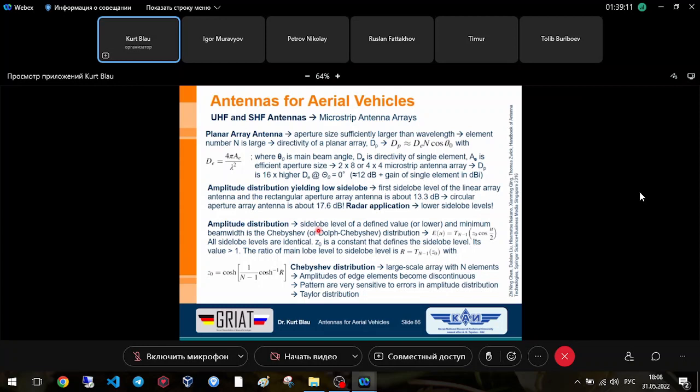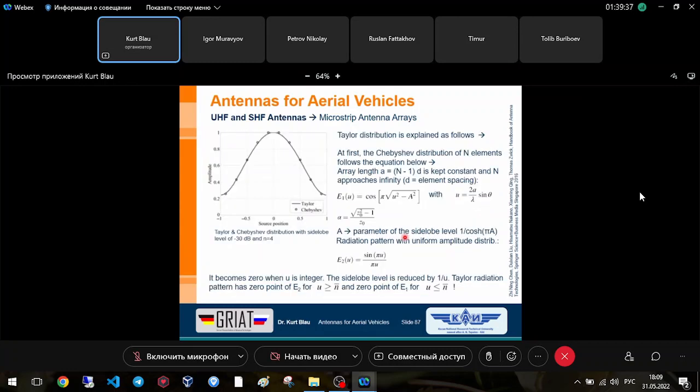To reduce the side lobe levels, you can apply a certain distribution. Here it's given by Chebyshev, or a combination of both. It's not my goal or direction to explain this now in detail.